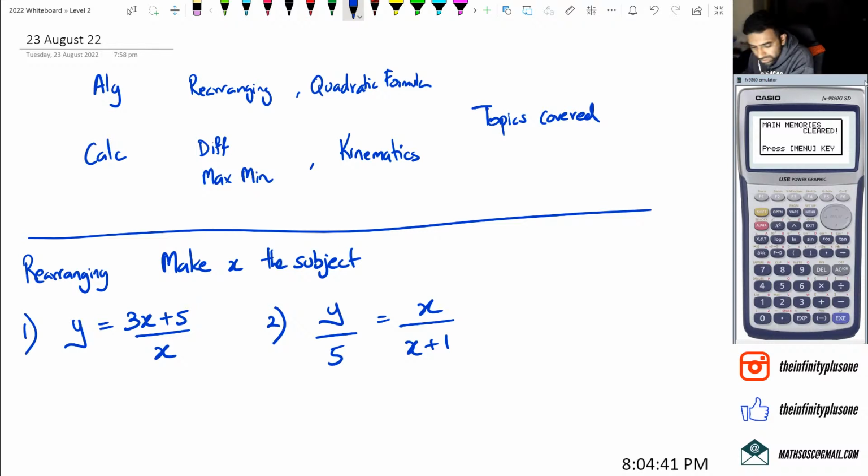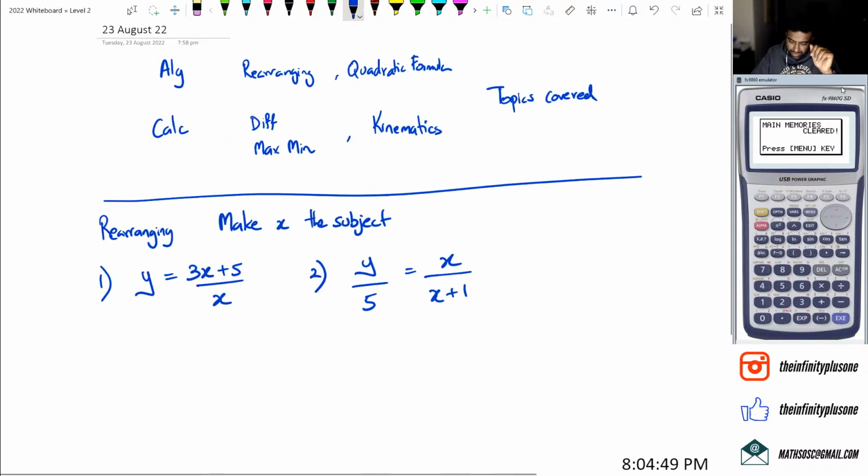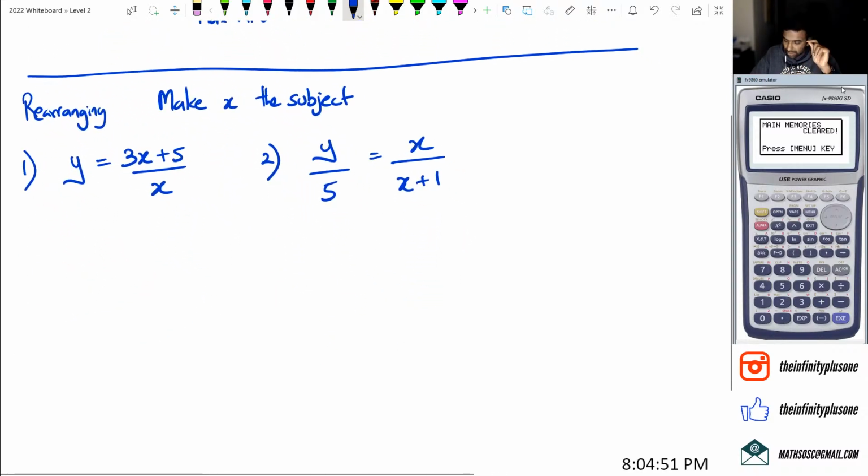Let's do these couple of questions first, and then after that we'll do a little bit of square root symbol in there as well. So you have a go at these questions, and then we'll try a couple with square root symbols where there's x's on both sides as well.